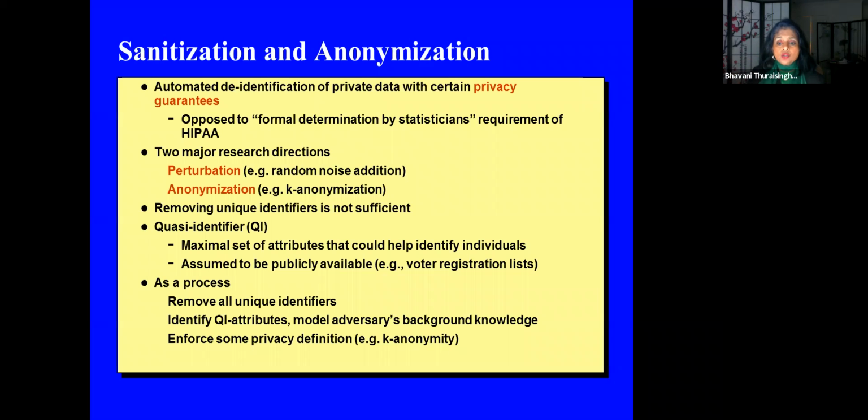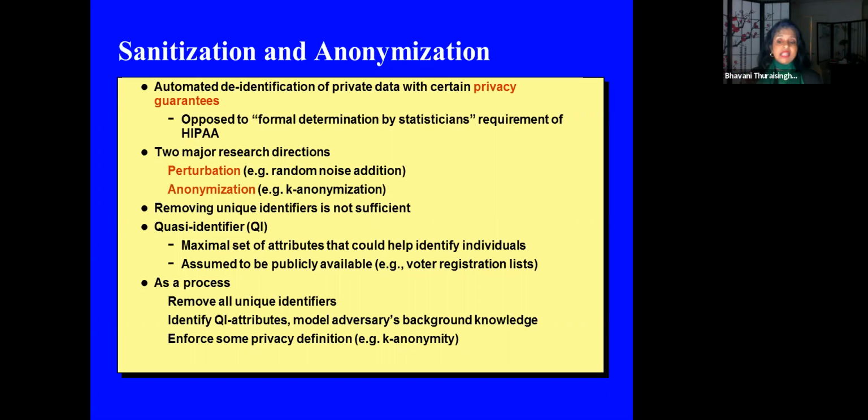So you may want to perturb the data a little bit, or anonymize the data so that there are multiple records with similar trends, so that you don't identify that John Smith has cancer. It could be John Smith or Paul Richard, or Mary Williams. So one of the three could have cancer, and you don't know which one. And if you add a fourth person, you are adding even more doubt.